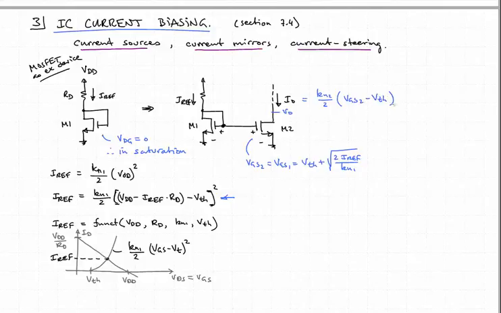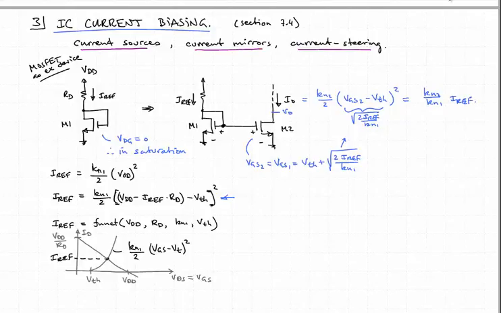We're going to assume they have the same threshold voltage. This is simply going to be equal to this term right here, square root of 2 Iref over Kn1, and so this all evaluates to Kn2 over Kn1 times Iref.